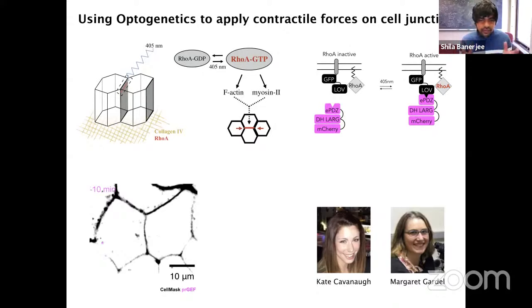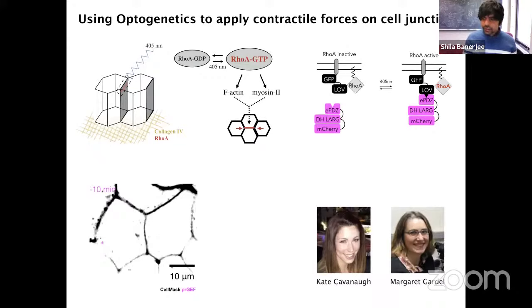This is an in vitro system with a very stable cell line, and the idea was that using optogenetic tools we can spatially control Rho activity, so you can induce contractions in a desirable fashion. You can design the time period and the amplitude of this contraction and see the mechanical response of the junction to it, right?